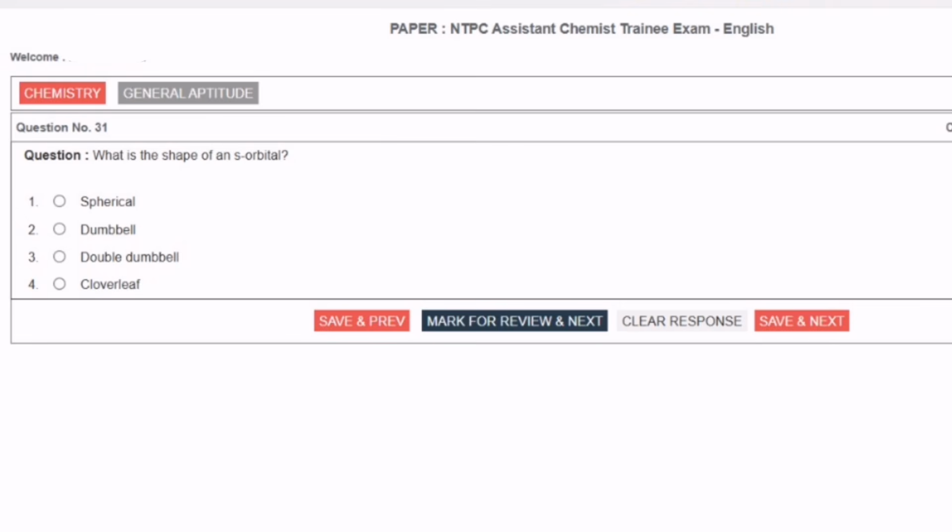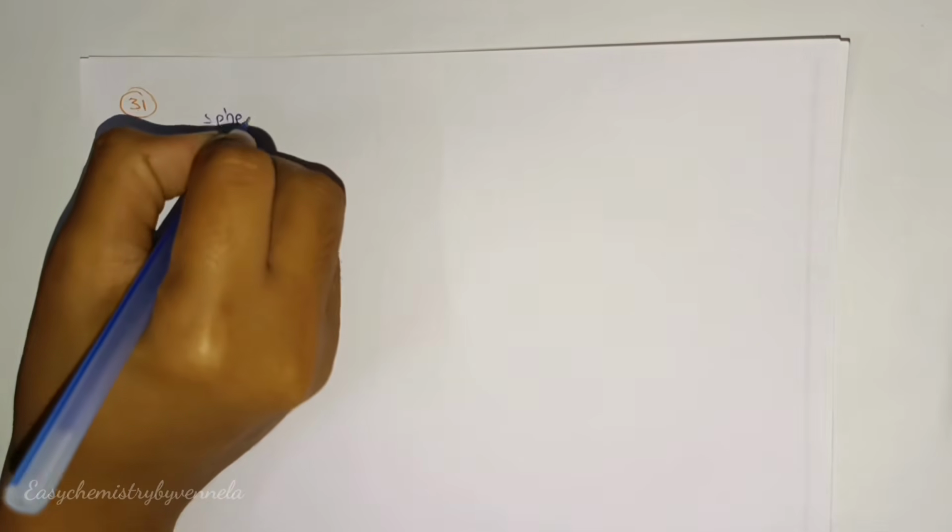So the next question is, what is the shape of an s orbital? Spherical, dumbbell, double dumbbell, clover leaf. The s orbital shape is spherical.